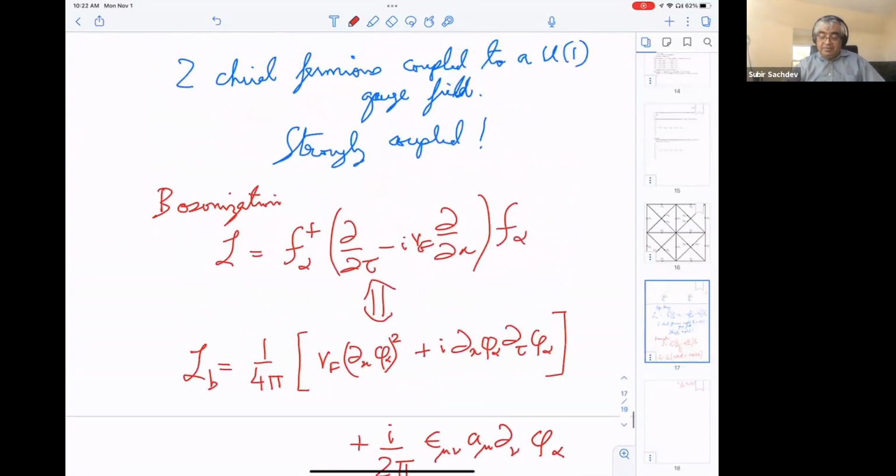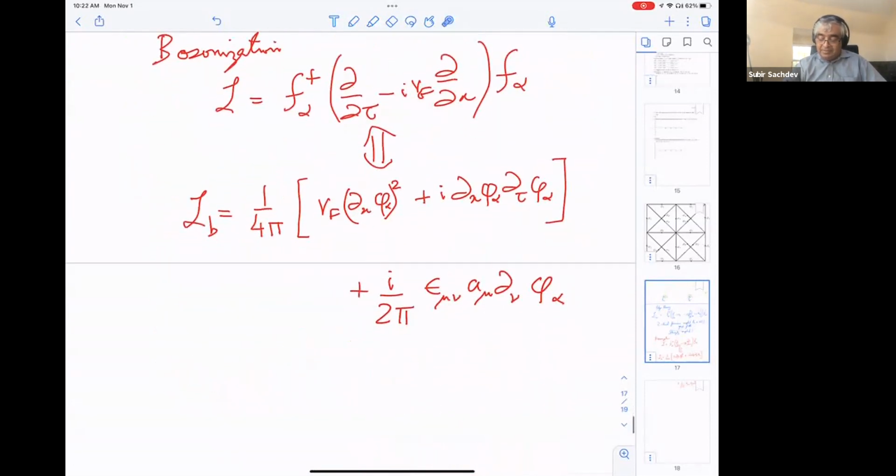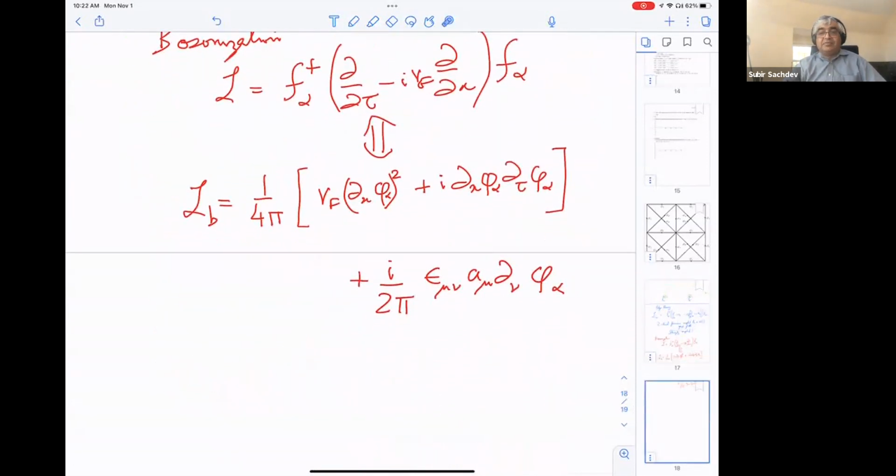Okay, so the gauge field here is coupling to the fermion current, and the expression for the fermion current in the Bose language is exactly epsilon^{μν} ∂_ν φ_α. All right, and I think you're right. So if I look at this term, it's not gauge invariant up to a boundary term. Again, this is in 1 + 1 dimension, and I think that's what you were referring to, Nadi, but please help me.